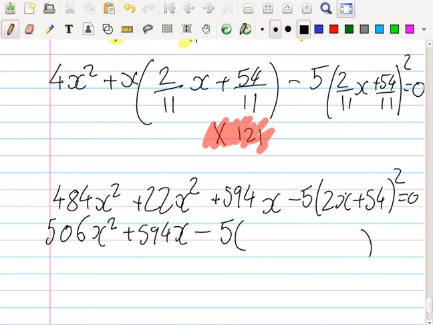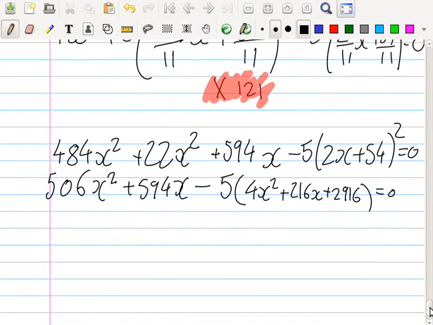Okay, now I'm going to square this. So that would be 4x squared plus 216x plus 2916 equals 0. Yes, I sure hope that's right.